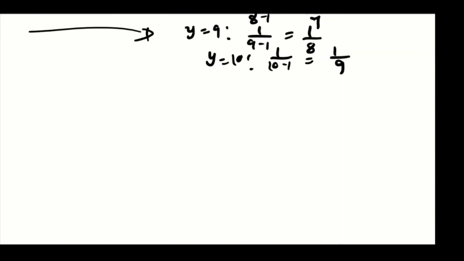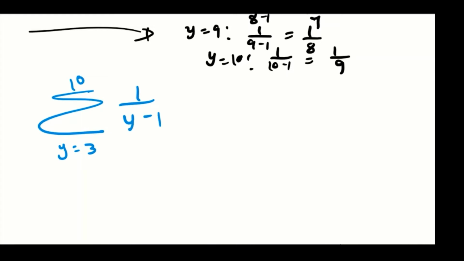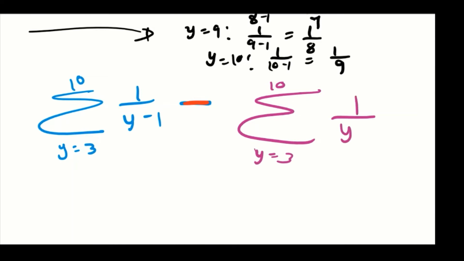Remember, we are saying the first sum of 10, y equals 3, and then 1 over y minus 1. We are subtracting this sum. Let me put a different color. Subtracting it with this second sum, 10 at the top, y equals 3, 1 over y.